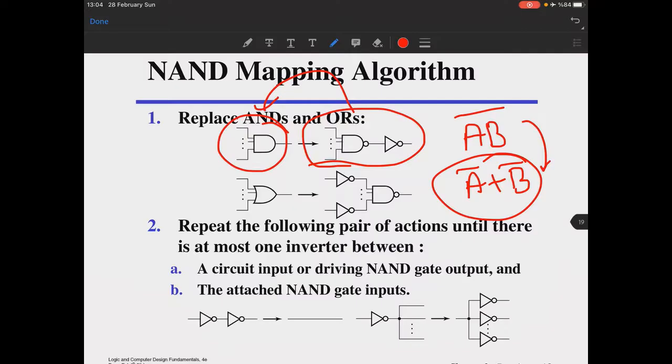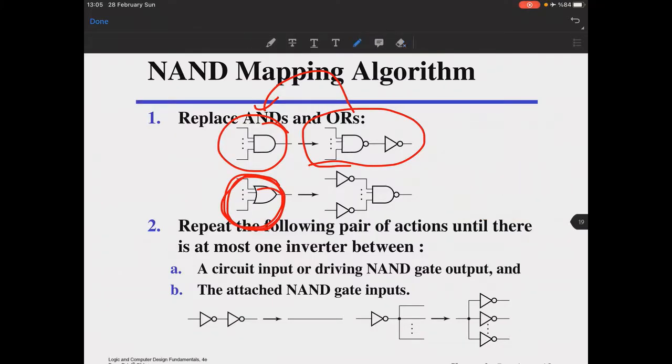And whenever you see an OR gate, you implement this with inverter pairs and a NAND gate. So what should it be? A naught times B naught, all inverted.